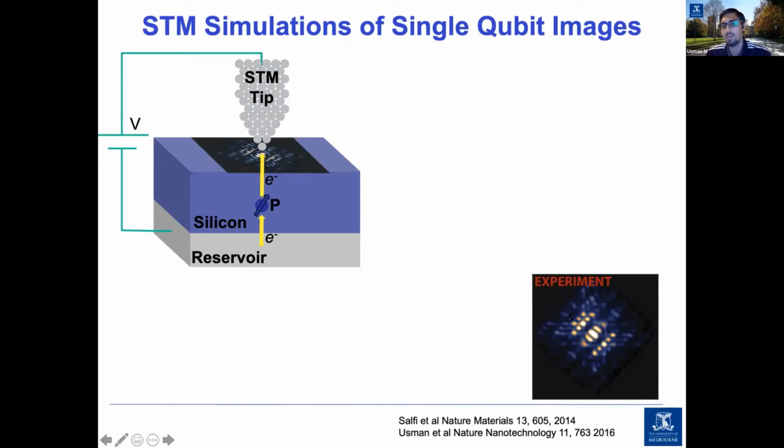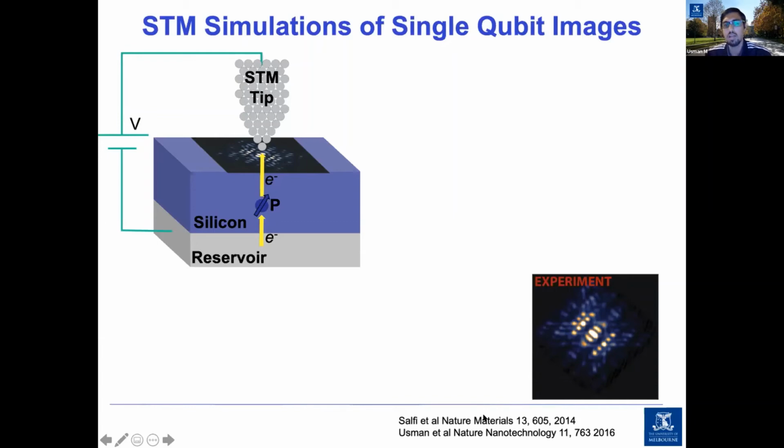This is an experimental image of the electron wave function, because when you are moving the STM tip above the sample surface, what you are measuring is that your tunneling current is proportional to the charge density of the electron bound to the phosphorus atom and tunneling through it. So you're actually looking at the charge density plot of a single electron wave function. They published these experimental images in a 2014 Nature Materials paper.